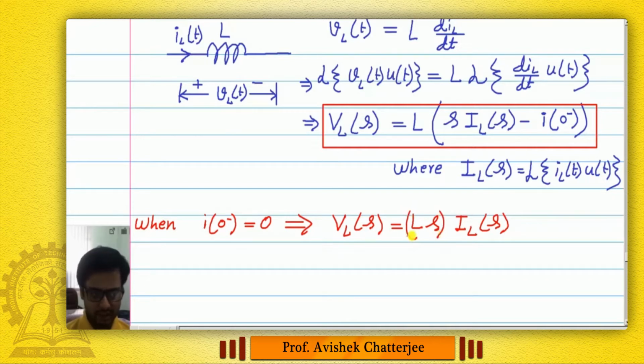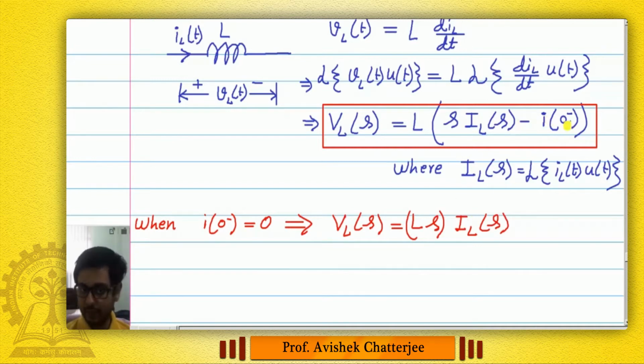This equation looks nicer than this. This is not nicer because of the presence of this extra term, and the presence of this extra term will be inconvenient for solving circuit problems, as we shall see soon.